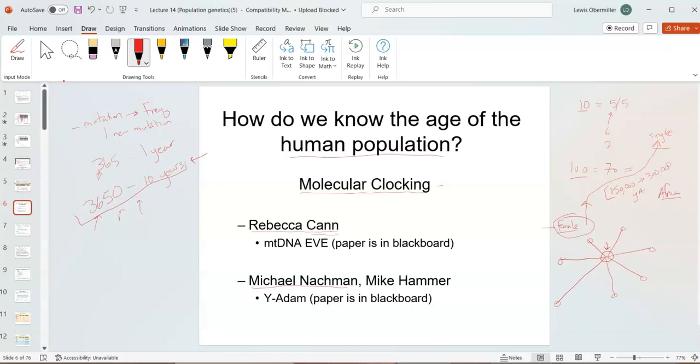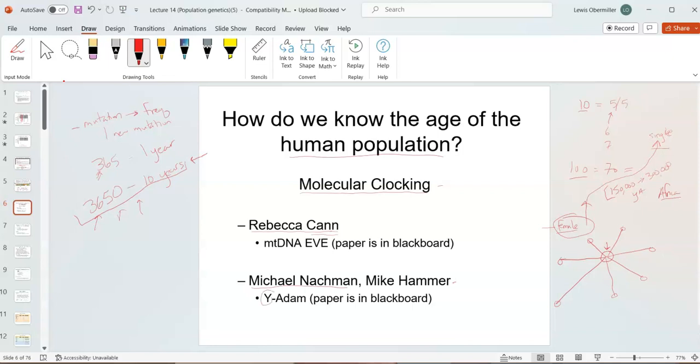A man named Michael Nachman, whom I know as well, was applying for a position at East Carolina when I went there to do my master's. He ultimately took a position at the University of Arizona. I'm not sure if he's still there, but I think he might be because he was tenured. Anyway, he looked at Rebecca's data and said, I'm going to double check this.